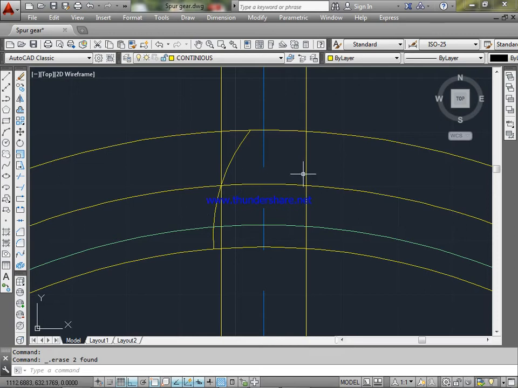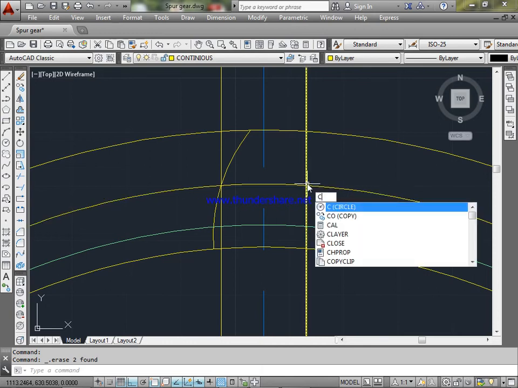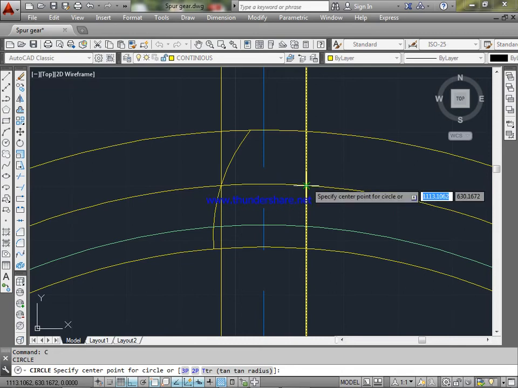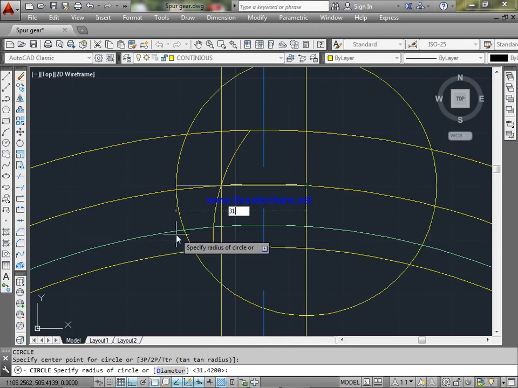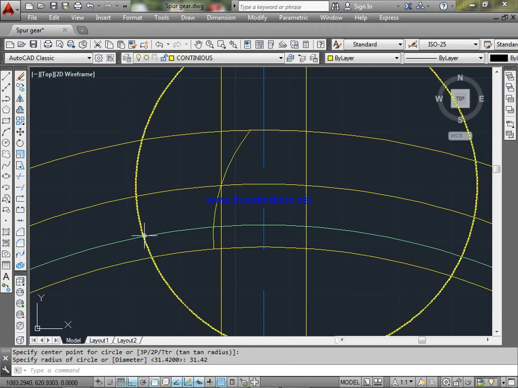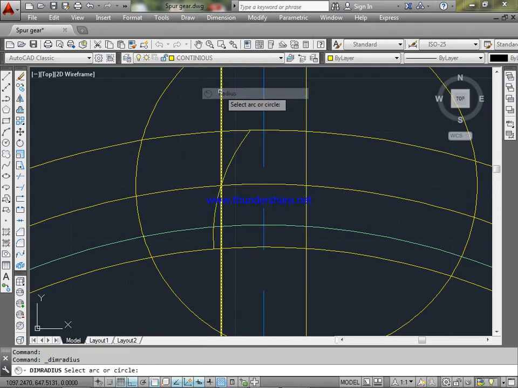Then we draw the other side of the tooth in the same process. At first, taking the circular pitch as measurement and taking the center from the other point of tooth thickness, the radius is 31.42, which touches the base circle from here.